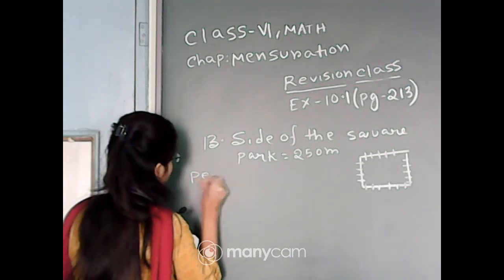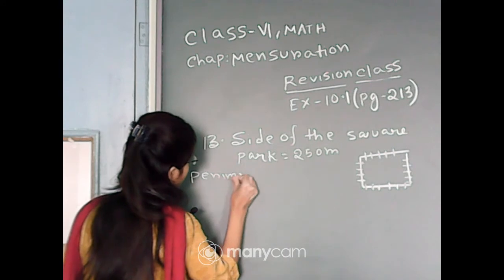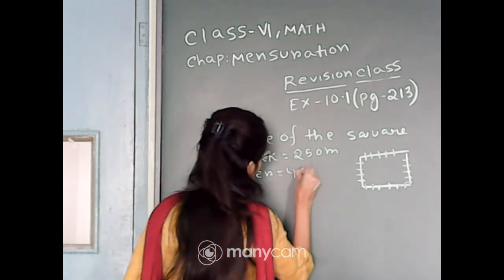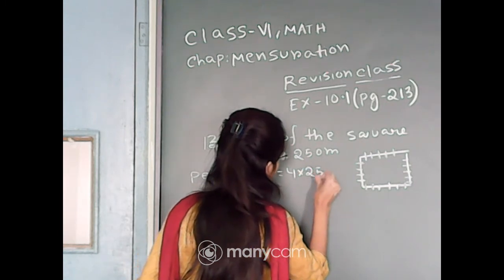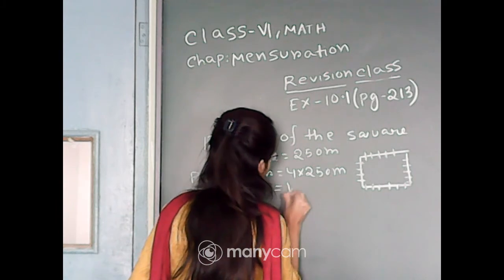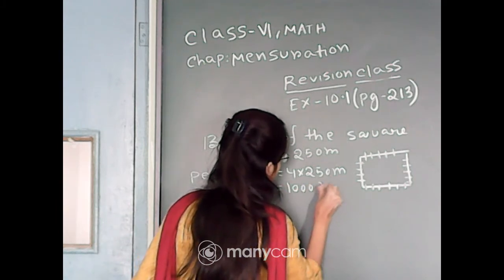Therefore, perimeter of the square park is equal to 4 into 250 meter, isn't it? And the answer is 1000 meter.